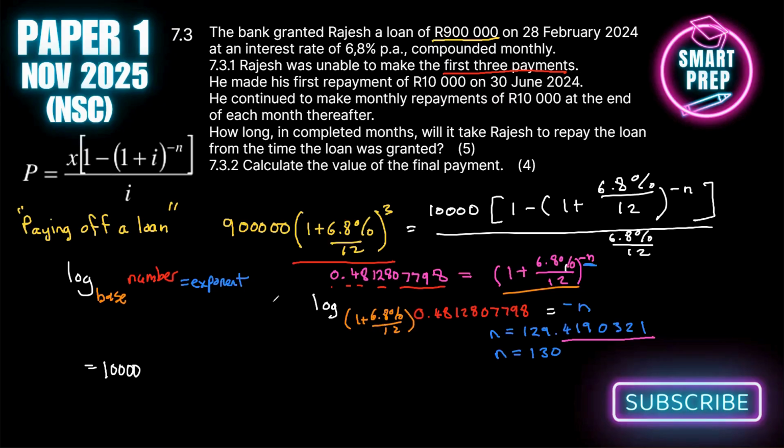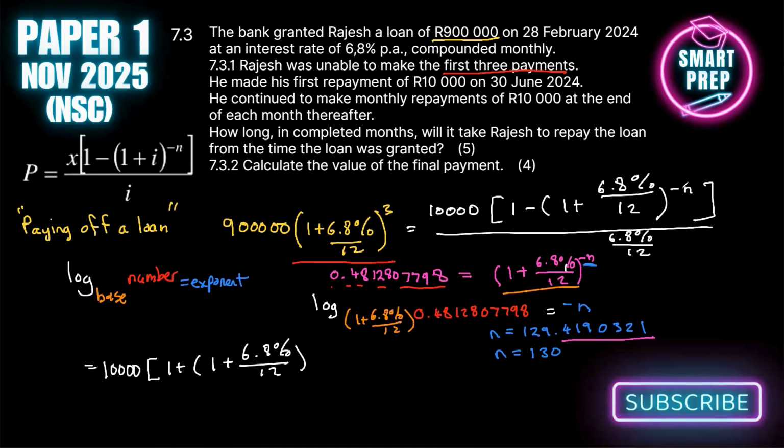Of course, it'll be a fraction of that, won't it? It's like basically saying what is this 0.419 if that was a fraction of this 10,000. So it's kind of the fraction of the 10,000 that you're going to have to pay in order to finish off this loan. Okay, so everything the same as before.